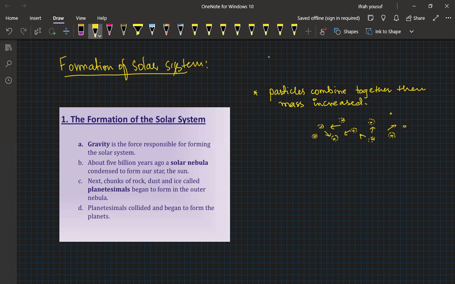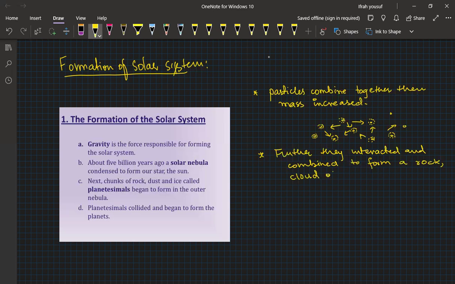They further interacted and combined to form a rock, or I would say a cloud of dust, right?